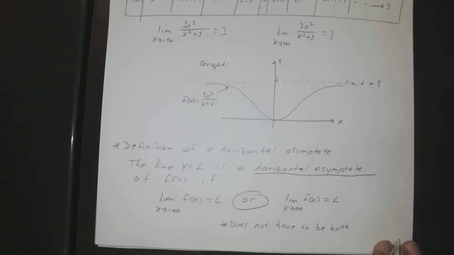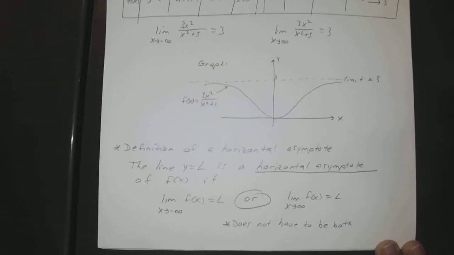You may have a limit of 3 going towards infinity, and you may have a limit of 0 going towards negative infinity. So it could be different. Depends on the particular function.